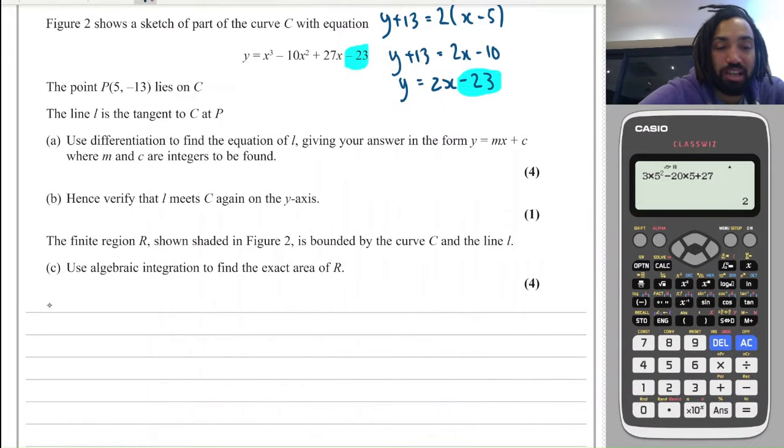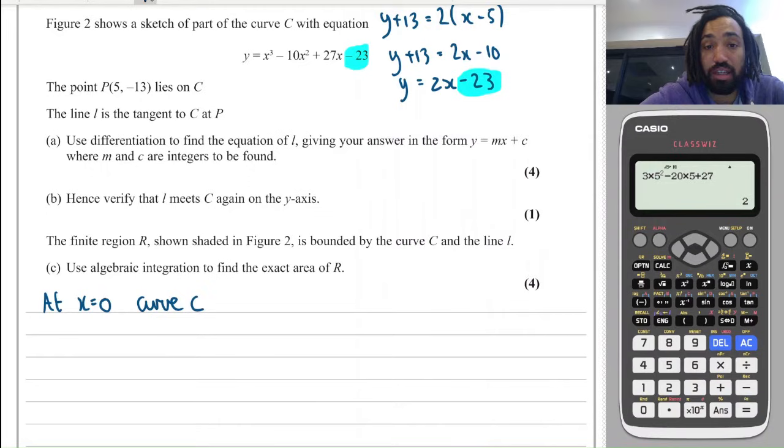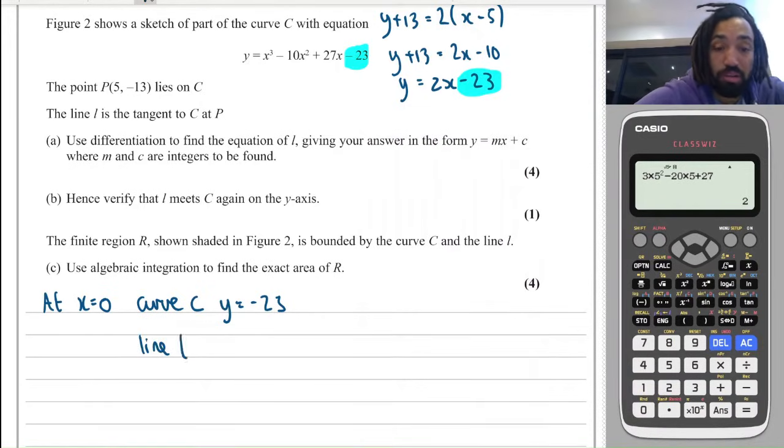Well, I guess we could say at x equals 0, curve C, y equals minus 23, and line L, y equals minus 23.